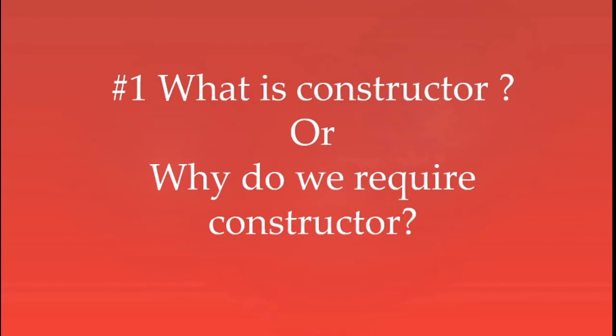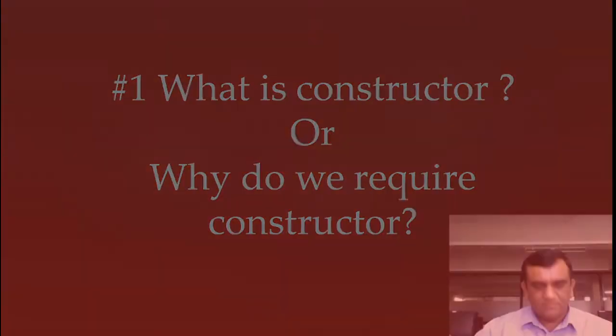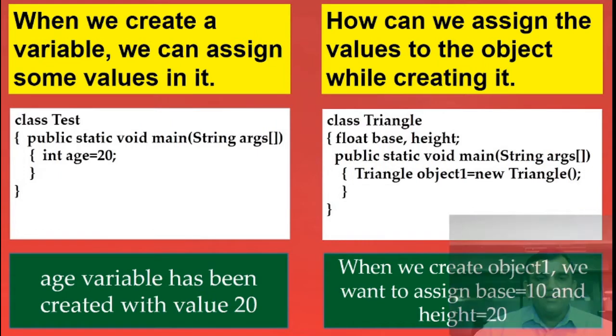What is a constructor or why do we require it? Here we have one example. The example says that the class test has an age variable, and when we create a variable we initialize some default value, that's 20, at that time. Here we have a class triangle and we have base and height values, the instance variables of that class.